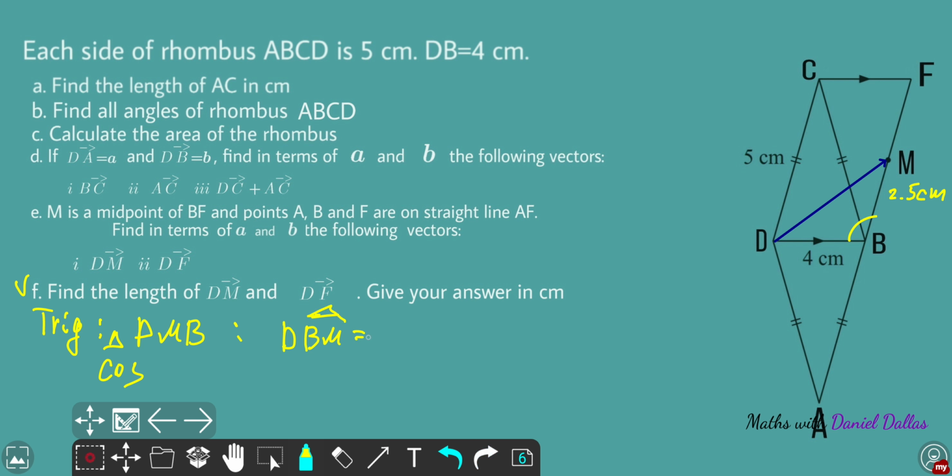This is the angle. So DBM we can consider as the angle DBC, okay, and plus the top angle CBF, okay.